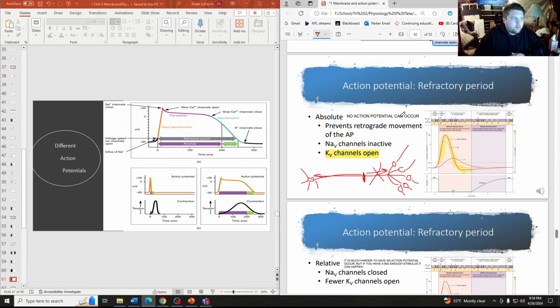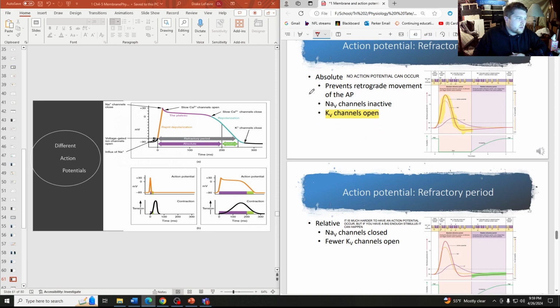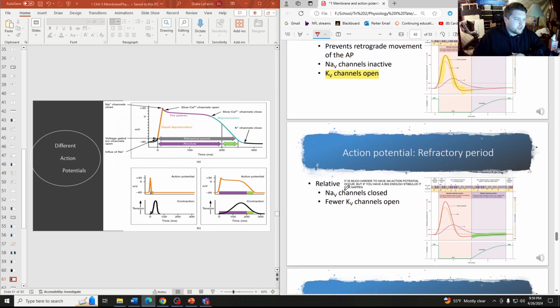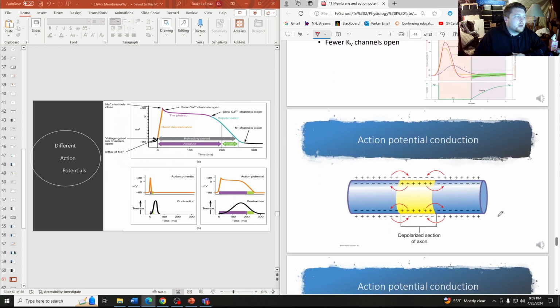So that refractory period also assists with that, to make sure that the message only goes the appropriate way that we want it to go. Again, it's absolute versus relative. Here's the picture.